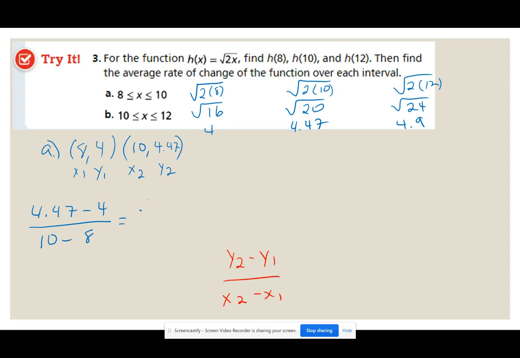So you should end up with 0.47 or 47 hundredths, and 10 minus 8 is 2. So our average rate of change comes out as decimal 0.235.